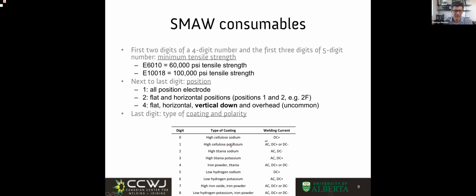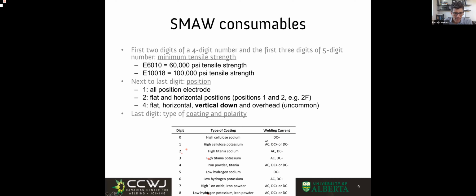This would be 6011. We can have some rutile sodium electrodes, would be 6012, and many other ones. And here we have the 8 of the 7018, right? It says low hydrogen, potassium, and has iron powder. What matters about the iron powder is something somewhat similar to metal core, right?